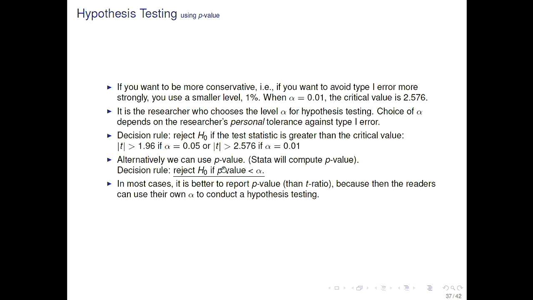Then your readers can do their own hypothesis testing using this number, because they're going to have their own significance level. And when this p-value is smaller than their significance level, then they're going to reject the null hypothesis. So it is always desirable to report the p-value instead of reporting only your own hypothesis testing result.